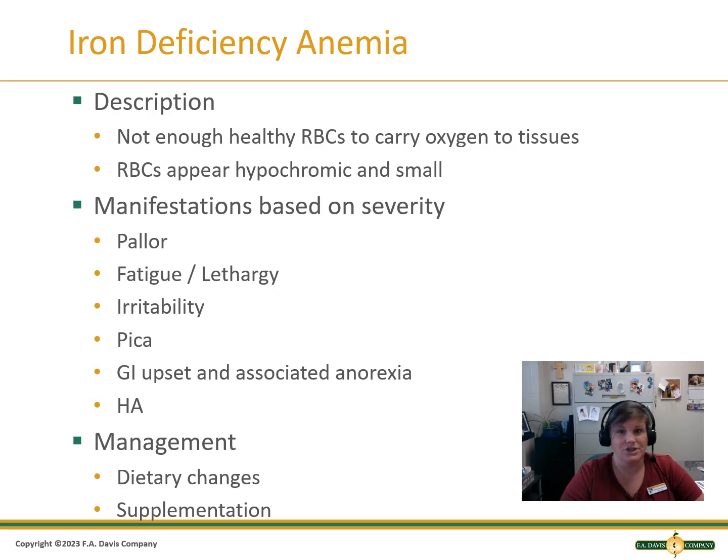So how do we manage it? Well, one important thing is that we want to identify if diet is the cause. If it's because they're not getting enough iron-rich or iron-fortified foods, then we just change what they're eating. But it could be something to do with how they're actually metabolizing the iron. It could sometimes be that they're eating the right foods, but the body's not absorbing it because of something else they're doing.